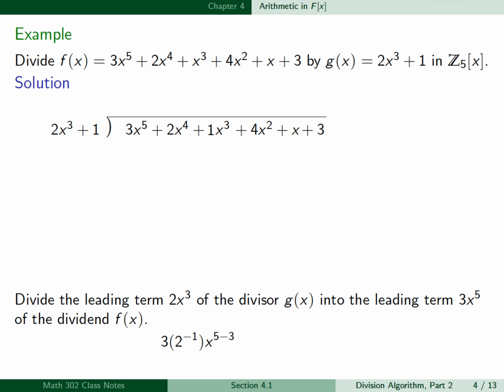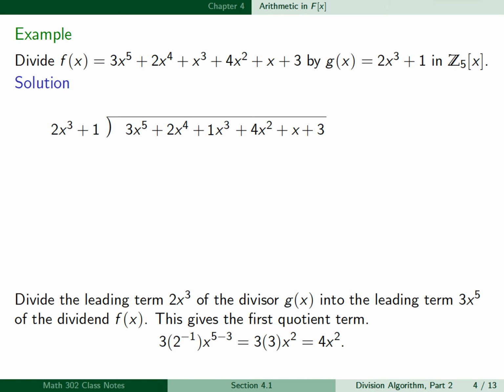And now in Z sub 5, the multiplicative inverse of 2 is equal to 3, because 2 times 3 is 6, which is equal to 1 in mod 5. So this is going to be 3 times 3 times x squared. And then 3 times 3 is 9, but in Z sub 5, 9 is equal to 4. So this will be 4x squared. And so this is our first quotient term. So we'll put it up above our dividend.